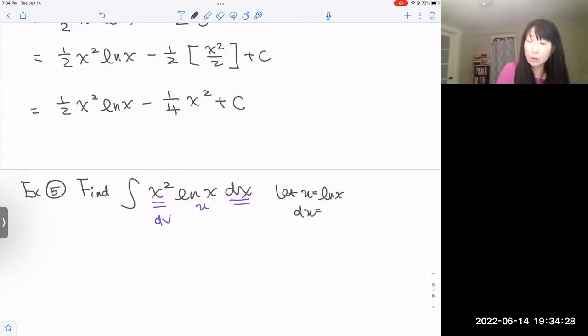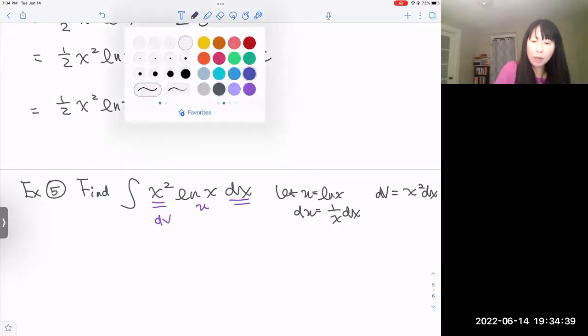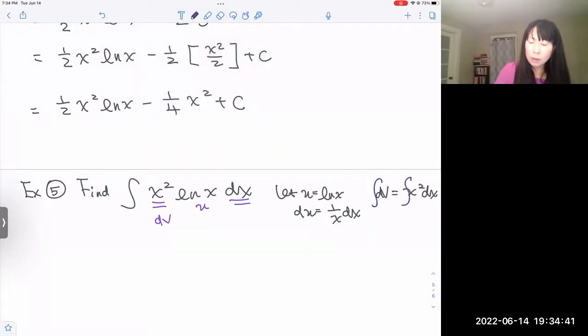The derivative of ln x, we have 1/x dx. dv is x squared dx. Now we do the antiderivative, which is v. What do you get? X to the third over 3. Thank you.